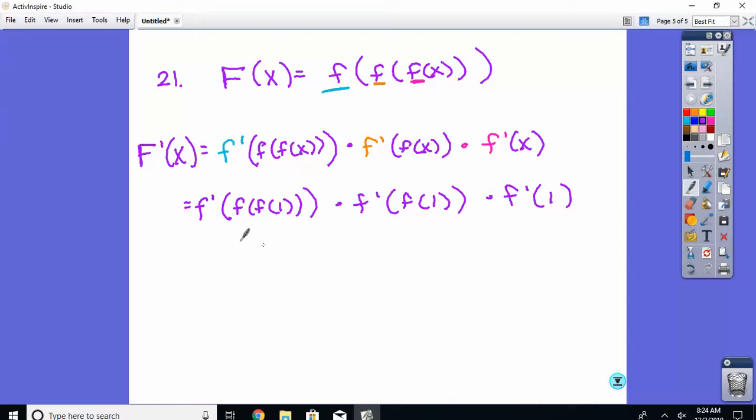Okay, let's start here. What is f of 1? 2. So that little inside part becomes a 2. Okay. Working our way out there. What is f of 2? So that's f prime of 3. And what is f prime of 3? 6. That's the first term.